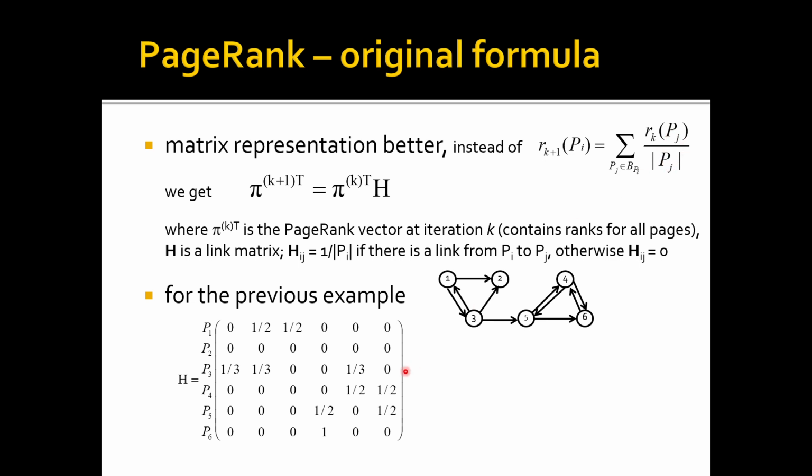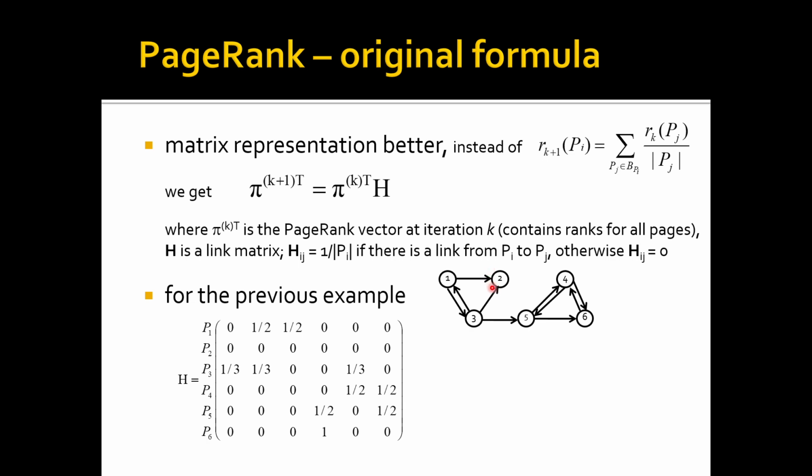For example, page 3 has three outlinks, here, here, and here. For these three outlinks, the positions in the matrix are occupied by 1/3. So here is to P1, here P2, and here P5. We can do this for all of the pages we have here. We can observe that there is one page, P2, that does not have any outlink. It only has two inlinks.